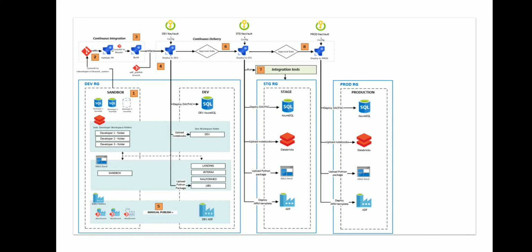So when changes are complete, developer raises a pull request to the master branch for review. Doing so automatically kicks off the PR validation pipeline, which runs the unit test, and data tier application package builds automatically. Then on completion of pull request validation, the commit to master will trigger a build pipeline that publishes all necessary build artifacts.